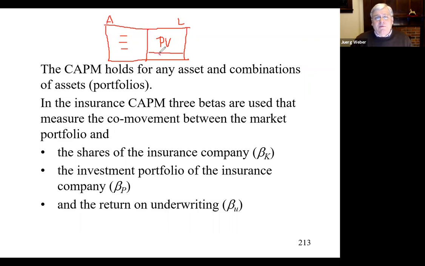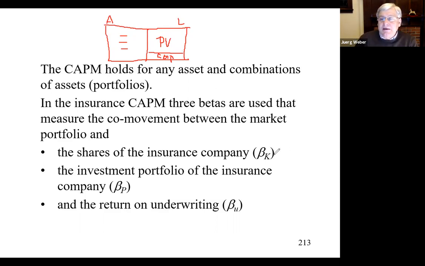And then here we have the capital of the insurance company. Let's call it CAP. That's the capital of the insurance company. That belongs to the shareholders. It's the excess of assets over liabilities. And that's what belongs to the shareholders. That's the equity.